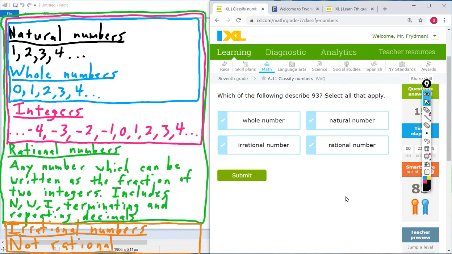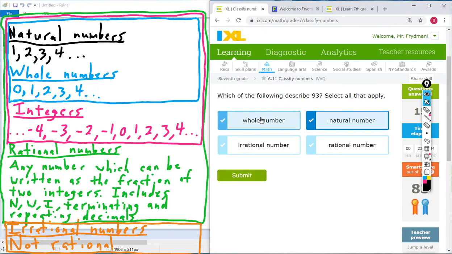Which of the following describe 93? Select all that apply. Let's start from the beginning with the natural number. So 93 is a natural number. And in fact, if I know that something is a natural number, then it's also a whole number, because all of the natural numbers are included in the whole numbers.